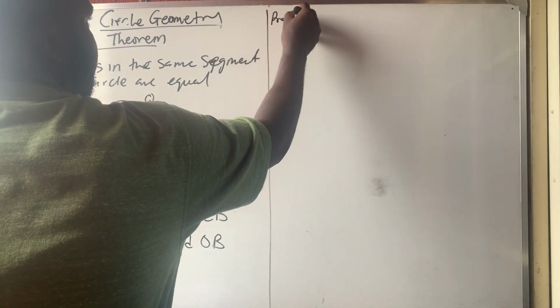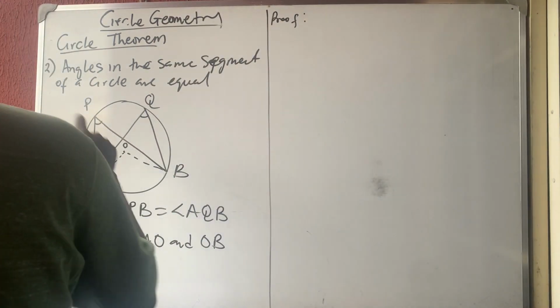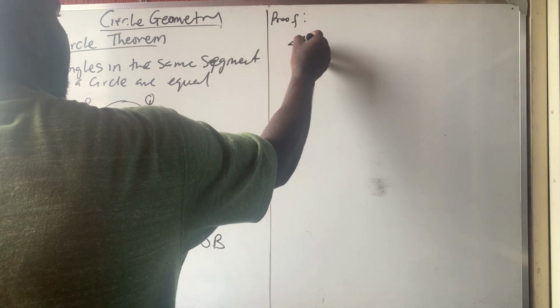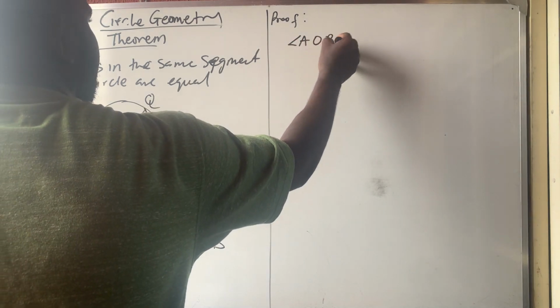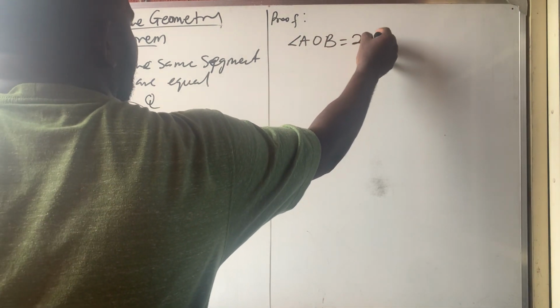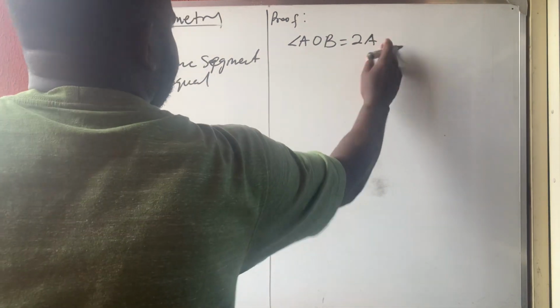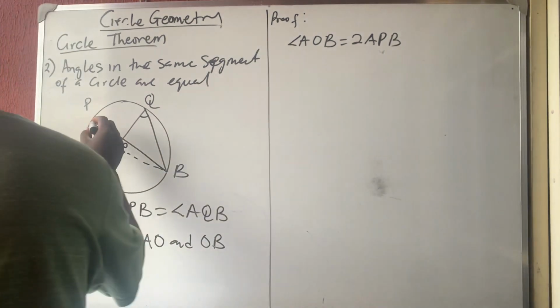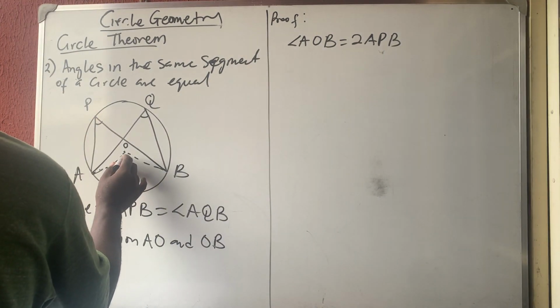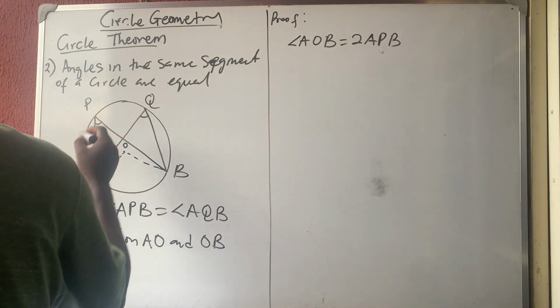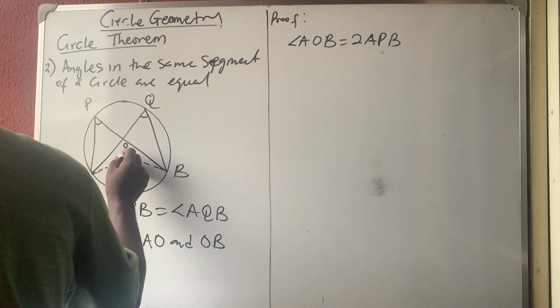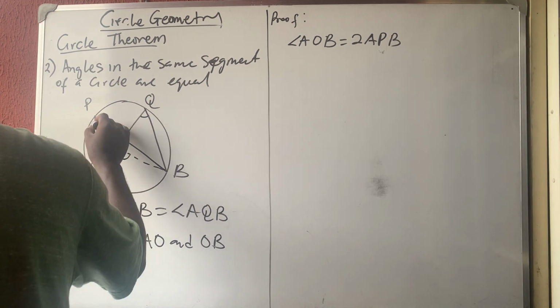Okay, now let us prove now. Proof, which is the main thing. Can you bear me witness that angle AOB is equal to twice angle APB? Now, this place is 2 times this place. It is a must, because this one is on the circumference and this one is at the center, and they are facing the same side.